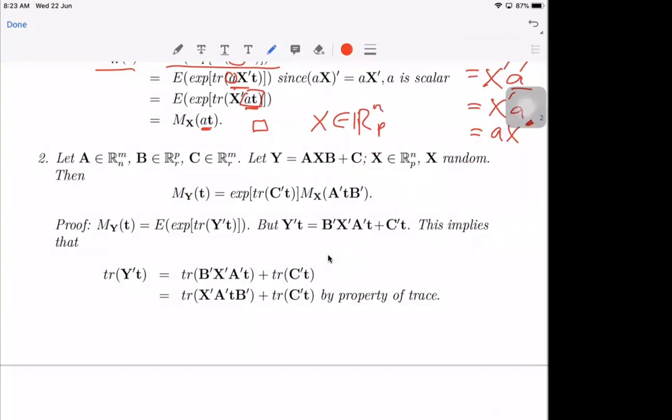Be sure that it is conformable when you have AXB: A is m by n, X is n by p, and B here is p by r. So it's conformable. AXB will be an m by r matrix, and C should also be m by r.